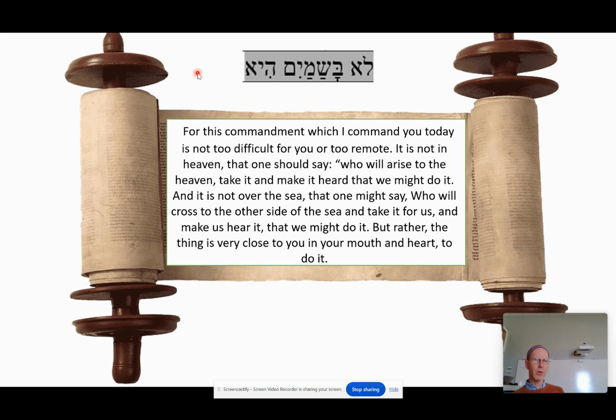Don't think it's so far away that you're going to say, oh my goodness, the Torah's in heaven, I can't do it, it's too far away from me, it's not accessible to me, I can't actually engage in Torah. And Moshe is saying, don't. You actually can engage in Torah. Sure, God is kind of holding on to it, but you can access it too.